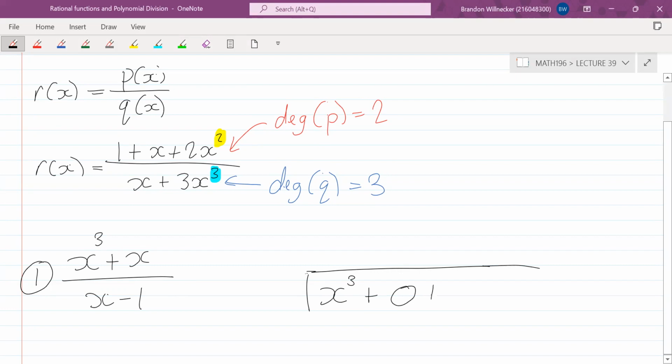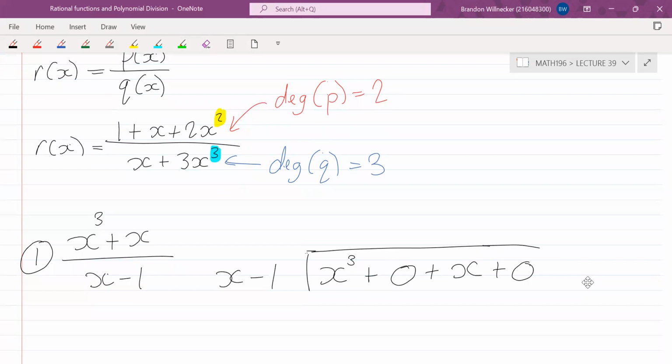And then an x term, we've got that. And then there's no constant term, so we can either leave that blank or we can put a 0 there. Okay, so we've got that polynomial. Now we need to divide this by x minus 1. So we write x minus 1. Okay, in the same sort of format that you would have done using long division with numbers.